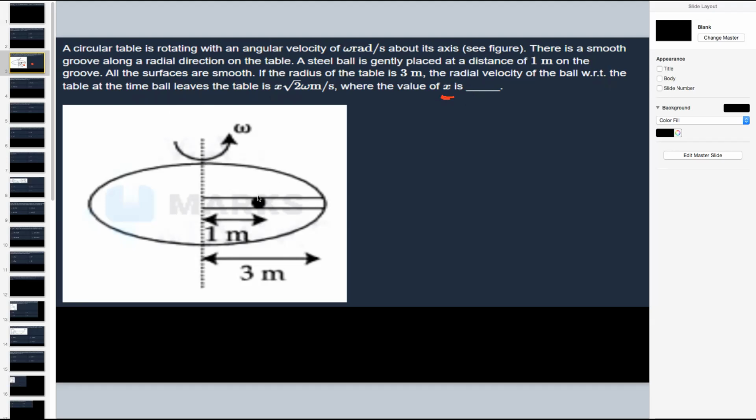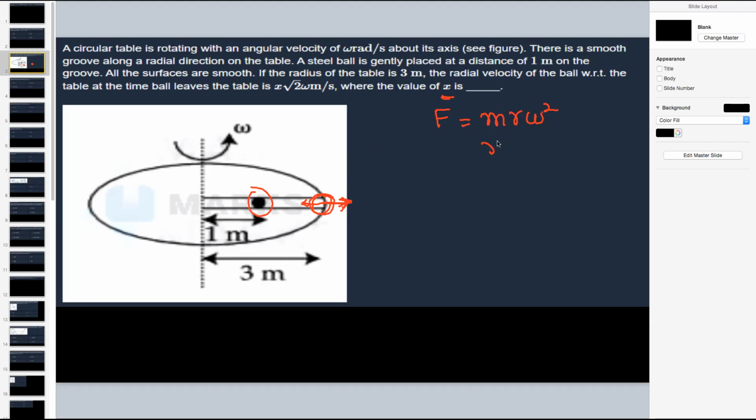Now, this is the circular table, this is the groove, and here the ball is placed. When it comes to this position, when it leaves, what will be the force acting on it? In a circular motion, when the body is at this position, what is the force acting towards this direction? Can I take force is equal to m r omega square? Is it correct?